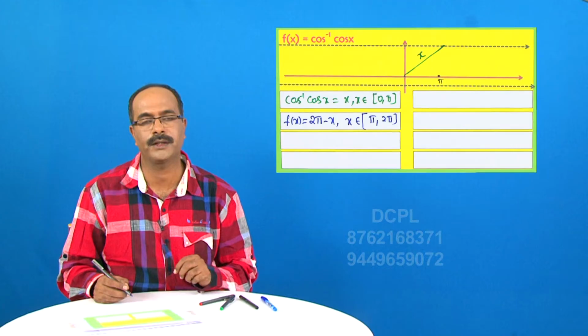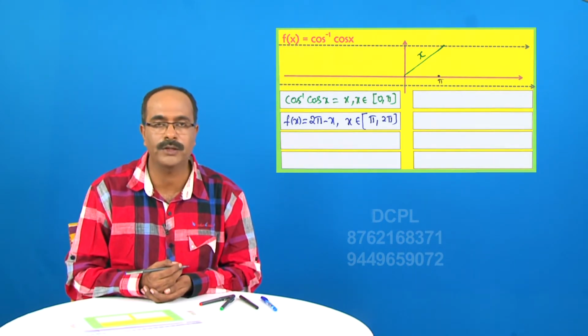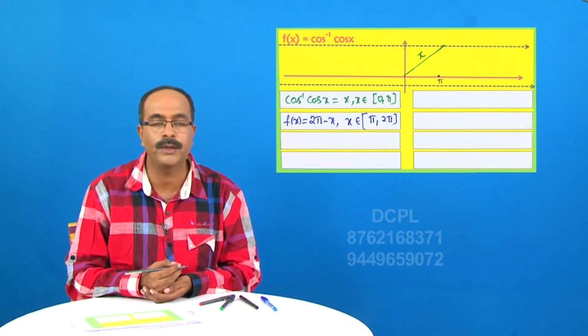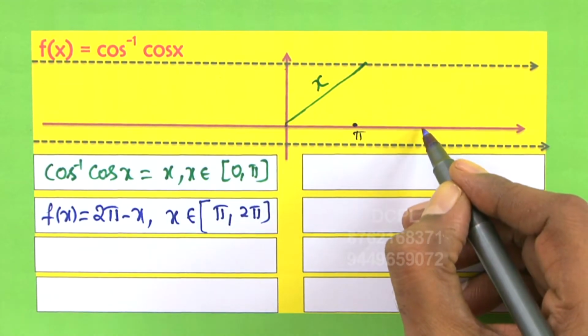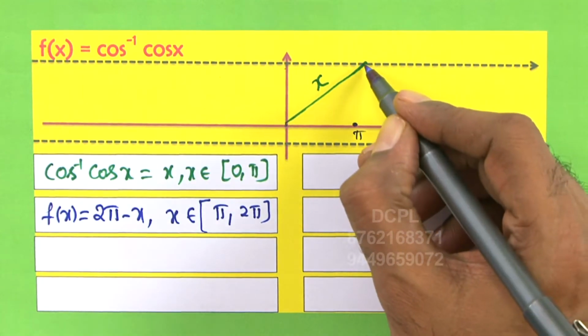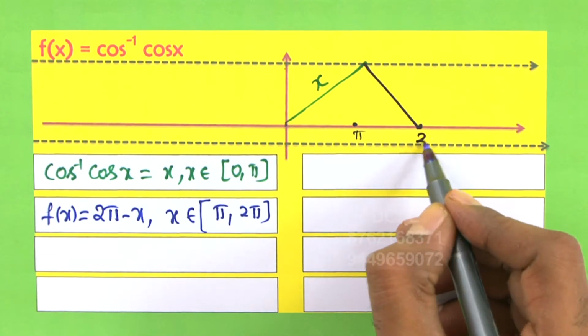What is the slope of the line 2 pi minus x? Minus 1. What is the y-intercept? Plus 2 pi. So this is pi. Let me mark 2 pi here. So the line should be clearly like this. Do you agree with me? This point is 2 pi.